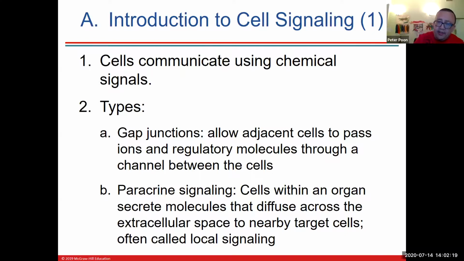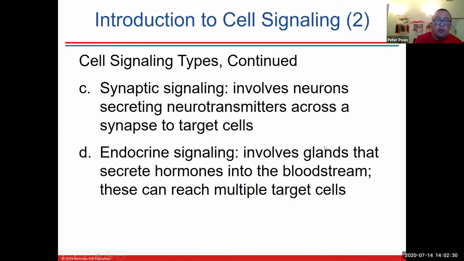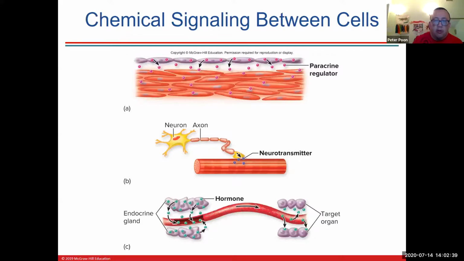It's like endocrine signaling, but without the bloodstream. So they dump it directly to the outside, and it just goes to the cells that are around them. Synaptic signaling, neurons. Endocrine signaling, bloodstream.